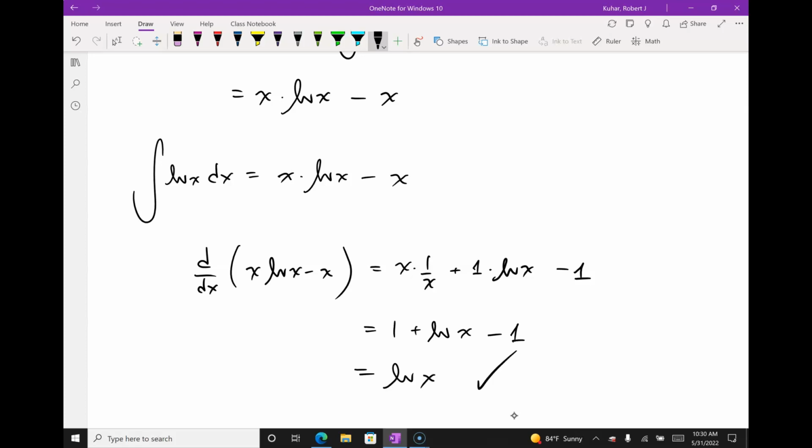Differentiate. Take the derivative. Make sure I get back to the original. I'm doing the product rule in my head here, just so you know, because you're all grown up. You're past Calc 1. First function times the derivative of the second function plus the derivative of the first function times the second function. If you had me for Calc 1, I'm still doing that loop, but I've done it so many times.